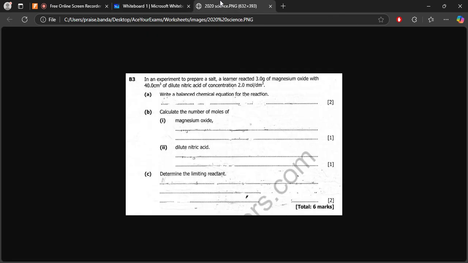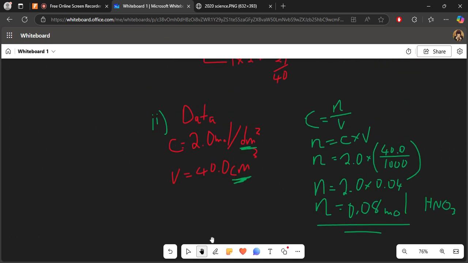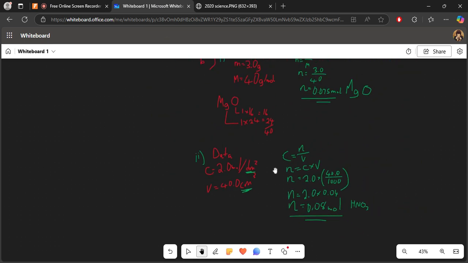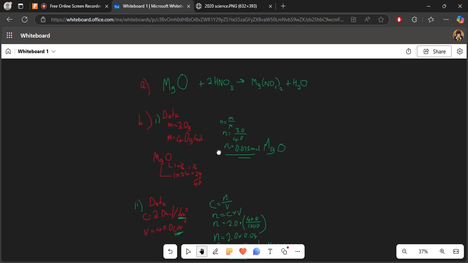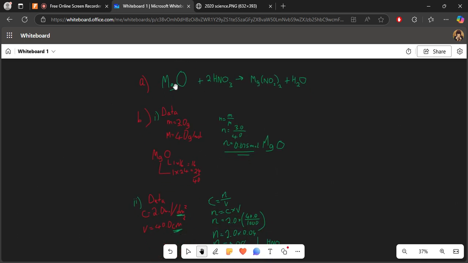For the final question, determine the limiting reactant. So we have two reactants, magnesium oxide and nitric acid. When the reaction takes place, either one of them would deplete before the other. So say magnesium oxide finishes first. It means we don't have any more magnesium oxide, so the reaction won't continue, meaning magnesium oxide was the limiting reagent.